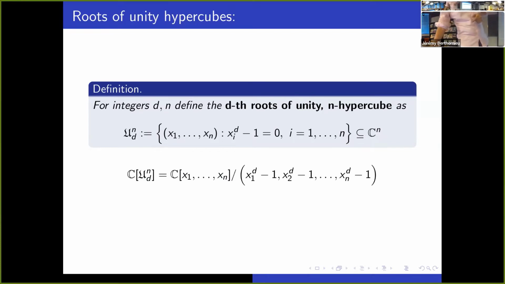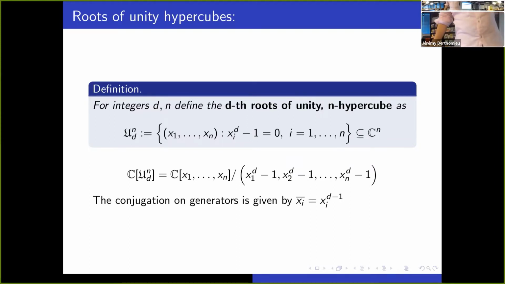And the coordinate ring of U, when I refer to this set, is the ring of all polynomials in n variables modulo the equations of the roots of unity in each variable. The conjugation, when you take xi conjugate, is equal to xi to the d minus 1.